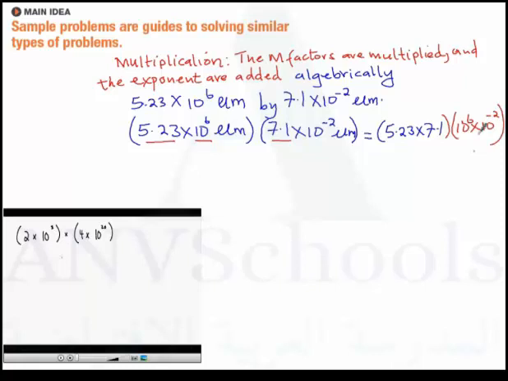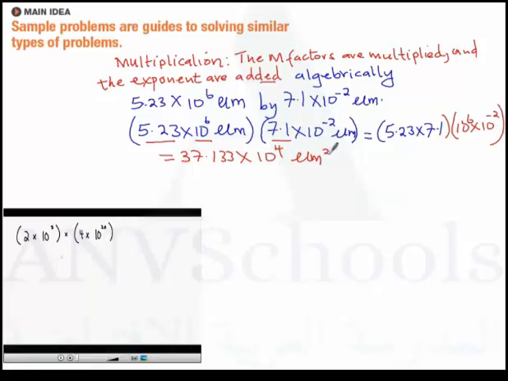So if we do this, these ones will be added. So what is our result? We will get 337.133 times 10. If you add the powers, you will get 10 to the power 4 micrometers, and this should be square meters because this is area.